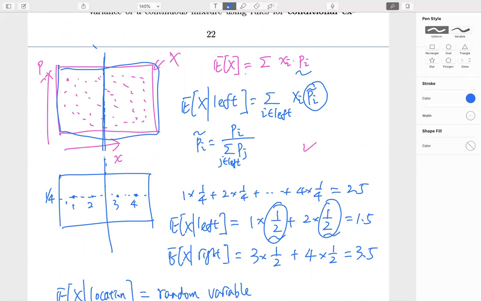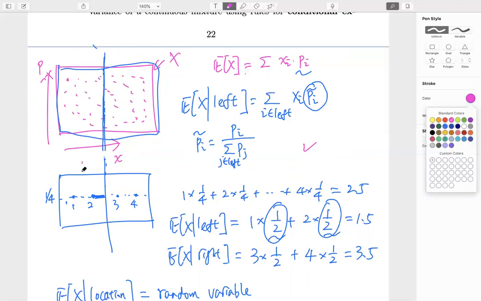What is variance? Variance is the square of the distance to the middle, or to the mean, times the corresponding probability. But now we cut into 2 parts, so our mean for each part changes. So this is the left mean.